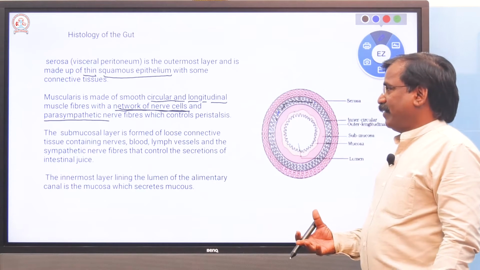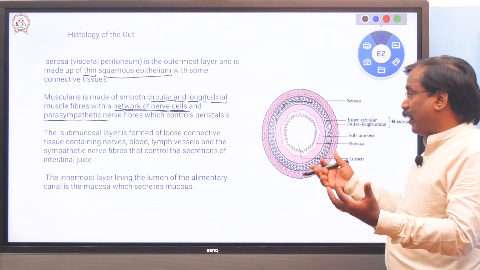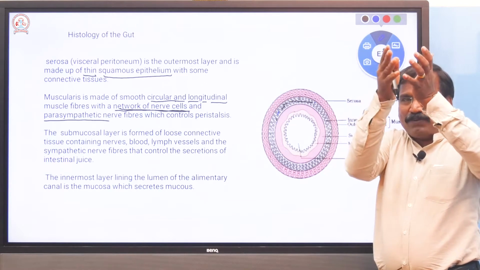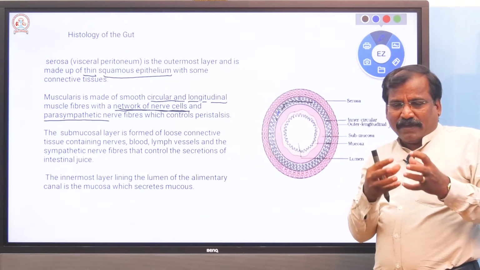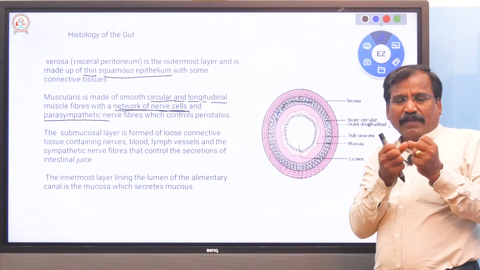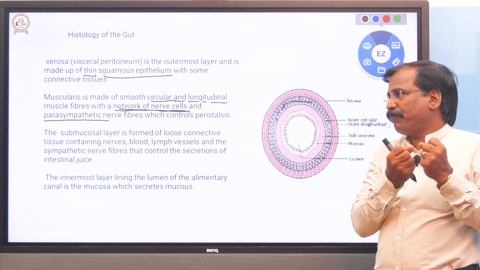You will have seen sympathetic and parasympathetic nerves. They control the muscles, the peristaltic wave. After food reaches the stomach, it contracts and relaxes, a churning action that grinds the food.